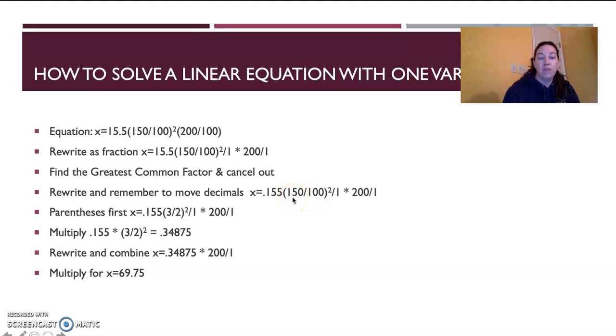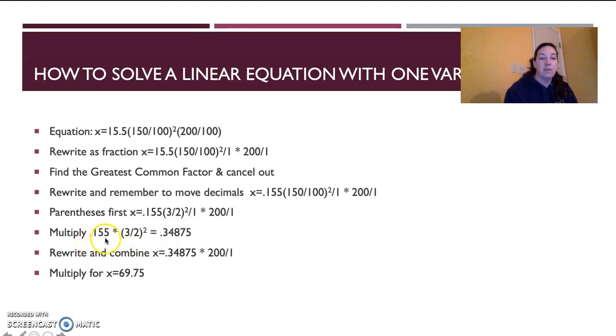The greatest common factor of 150 and 100 is 50, and you just keep factoring until you get down as low as you possibly can, and then you'll end up with 3 over 2. So now we have this as our new equation. Now we can start multiplying and actually doing something with these numbers, as opposed to just minimizing them and minimizing them.